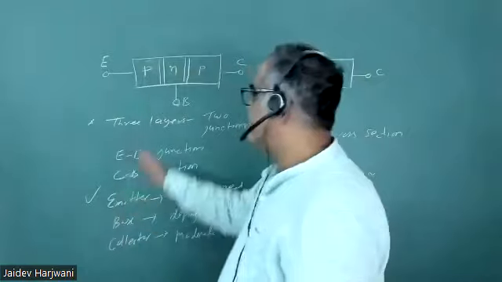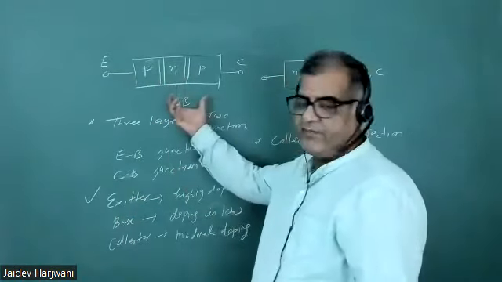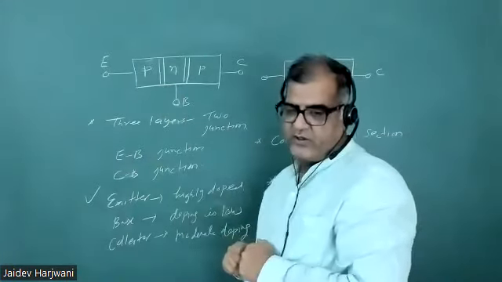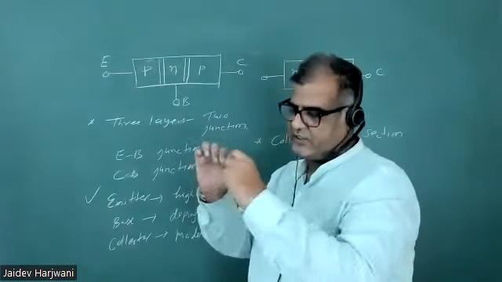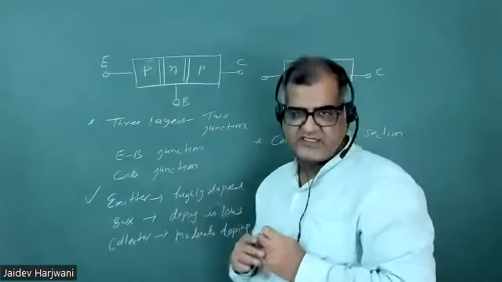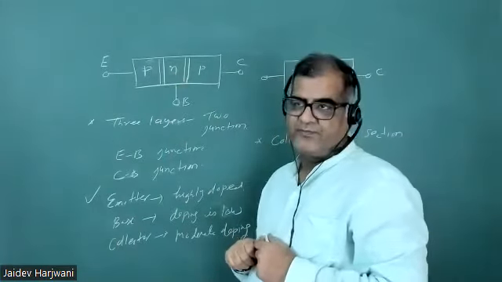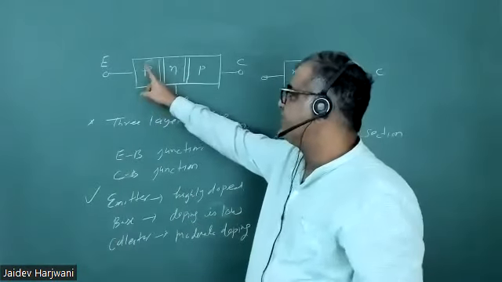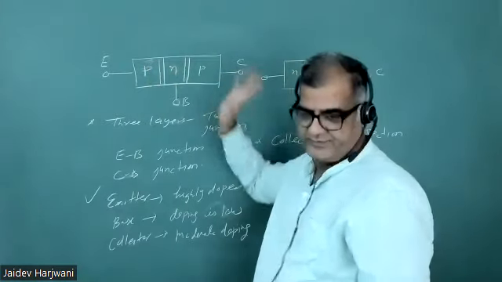Here we have two junctions, PN junction and NP junction. Instead of using this three layer NPN, we can use two diodes, but that connection will have different characteristics than this one, because here the base is very thin. So what happens if you inject charge carriers here, the charge carriers can move from here to here.